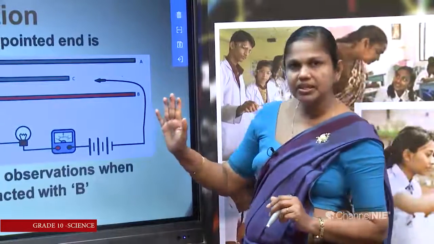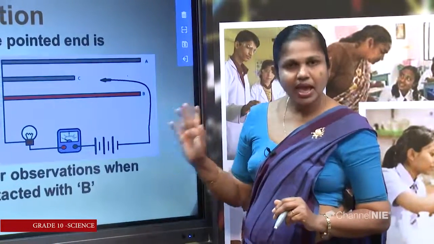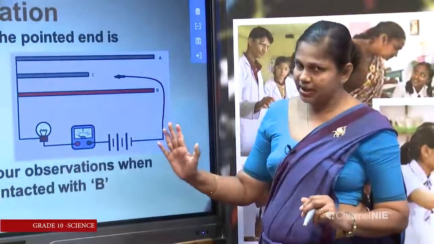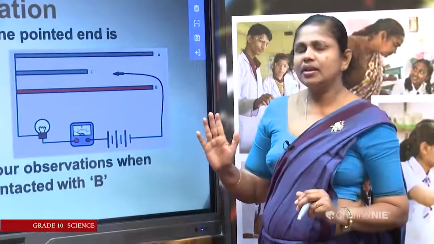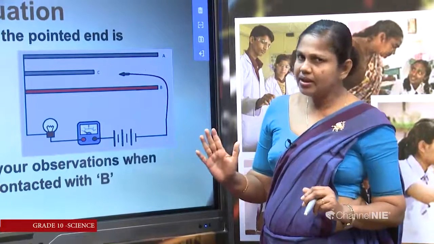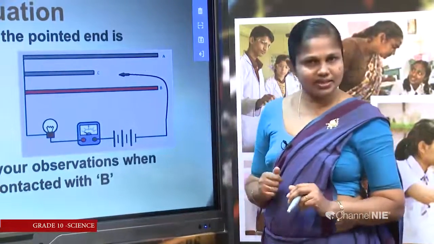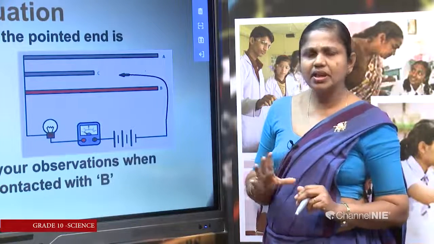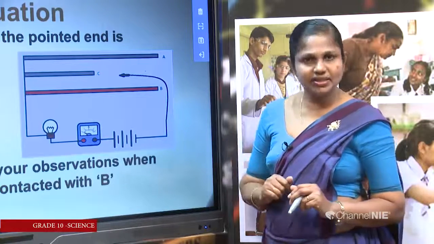Then as the answer, you have to tell the ammeter shows a reading, the indicator of the ammeter deflects, and the bulb is lighted. As the observation, you can write these things, children.